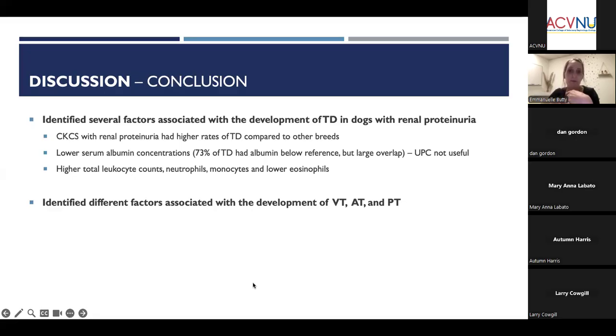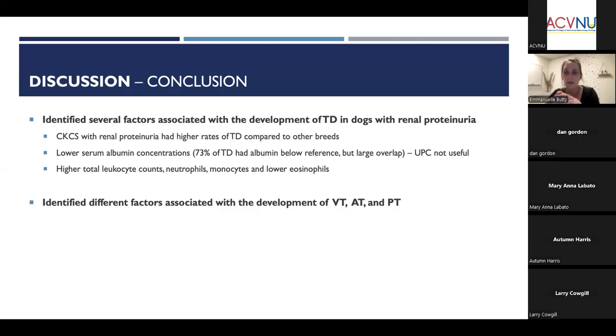So if we remember the main findings regarding the factors associated with the development of thromboembolic disease, the Cavalier King Charles Spaniels had a higher rate of thromboembolic disease compared to other breeds. Lower serum albumin concentration was also found in the cases with thromboembolic disease, but definitely there was a large overlap, and we still had a quarter of the patients with normal albumin that developed thromboembolic disease.